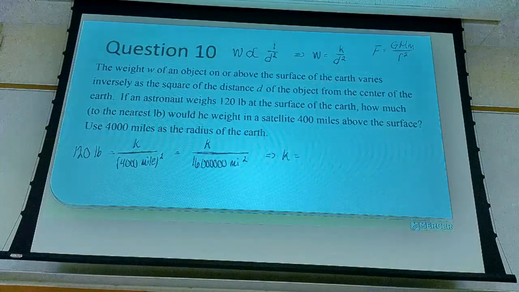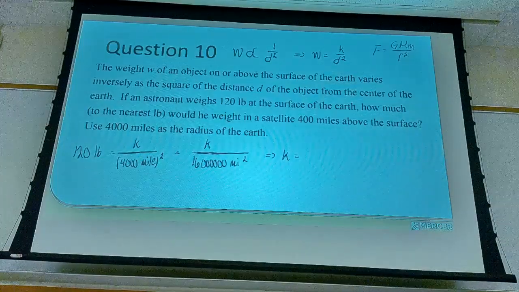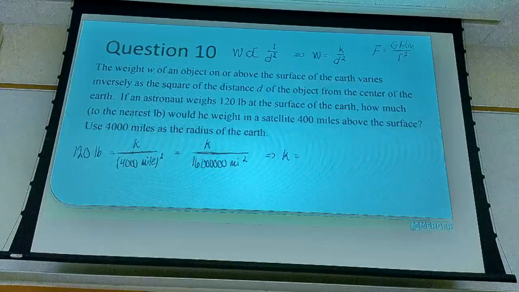Oh boy, K is going to be really large. We can just do 16 million times 120.